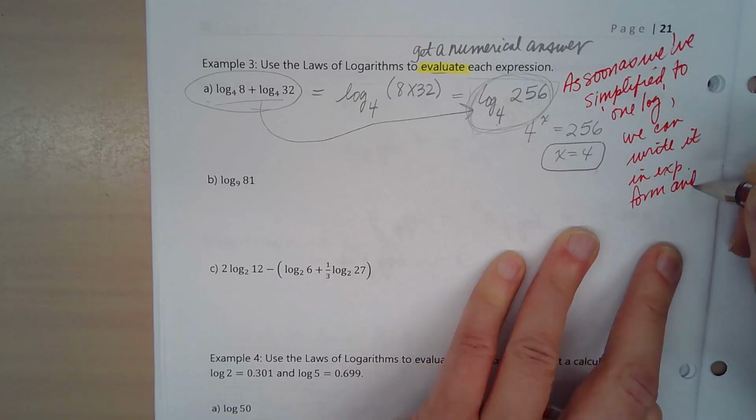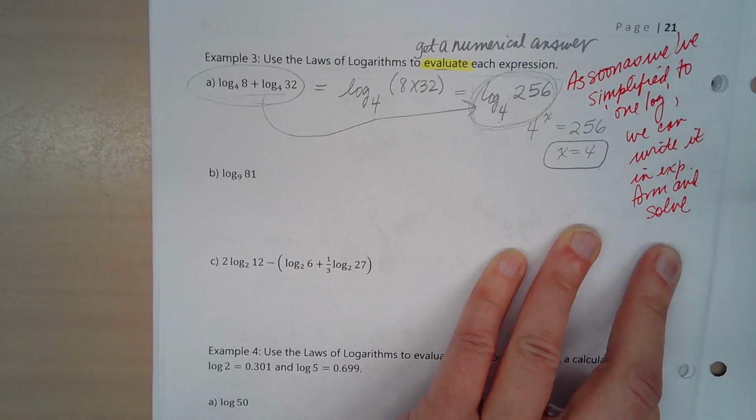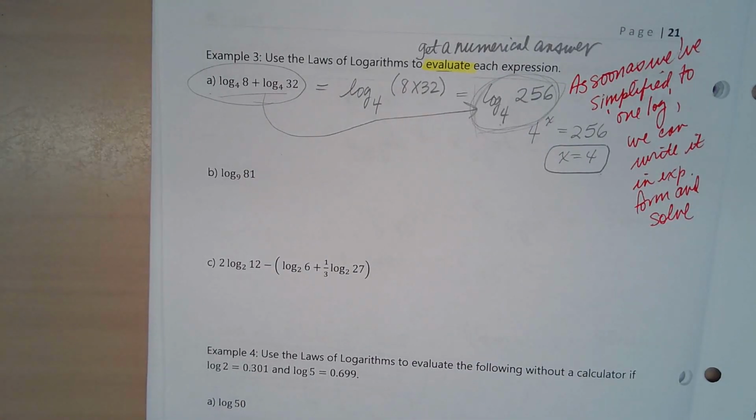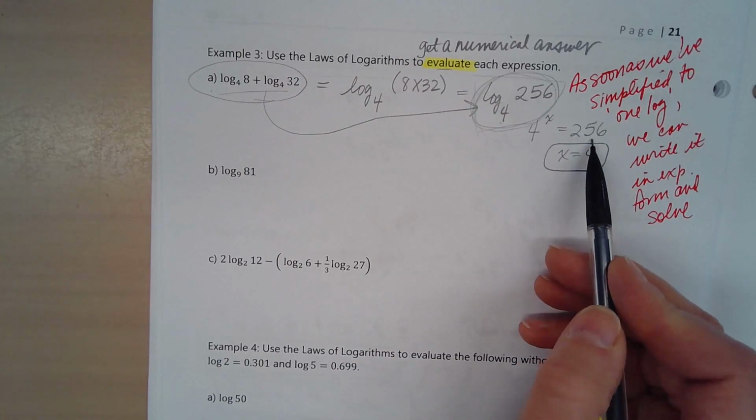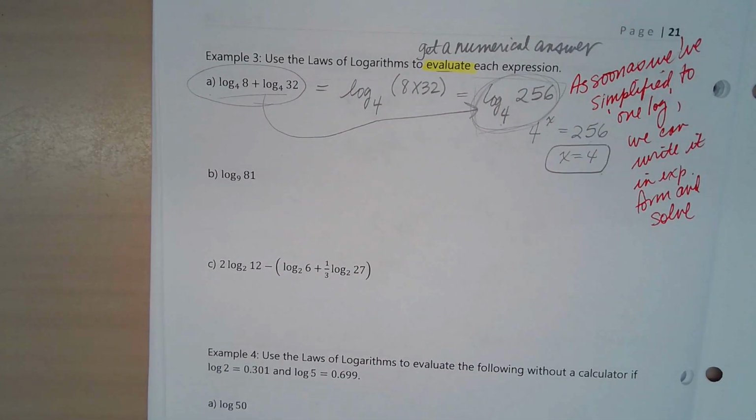This way, we actually kind of used our same base technique, or just kind of memory work or visualization, because 4 to some power equals 256. Hopefully you remembered that the square root of 256 is 16, and you can kind of work backwards there, or you could do a full-on same base approach, right? 4 to the power x equals 4 to the power 4, so x must be 4.